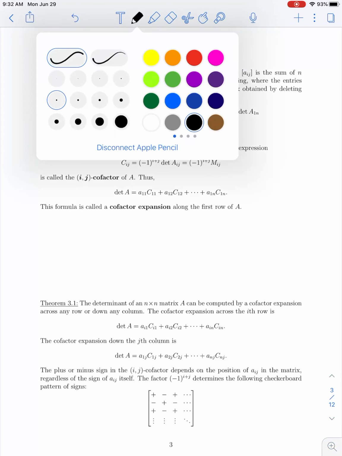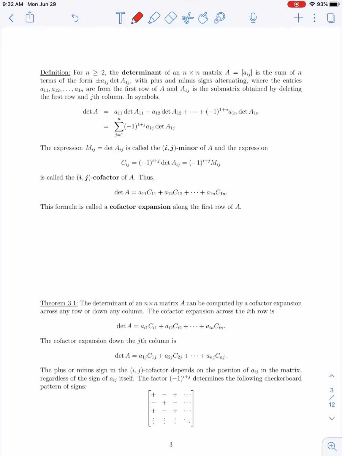So let's look at a more formal definition of the determinant here. For n greater than or equal to 2, so we'll be talking about an n by n matrix, let's say A, whose entries are A sub ij. For a 2 by 2 or larger square matrix, the determinant is defined as the sum of n terms.